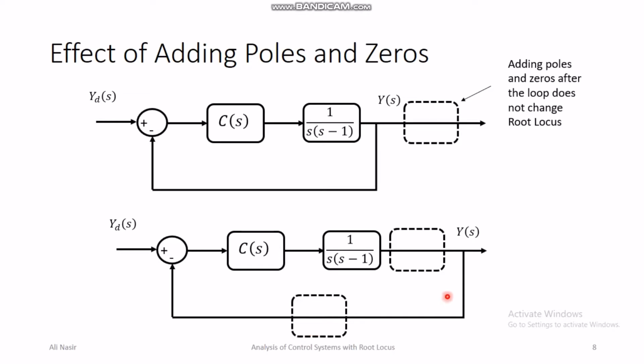If you add poles and zeros at these locations in the loop, then the root locus will change, and we shall see how the root locus changes. We will be discussing the effect of adding poles and zeros, and in our discussion we will assume that poles and zeros are being added in this scenario and not in this scenario.